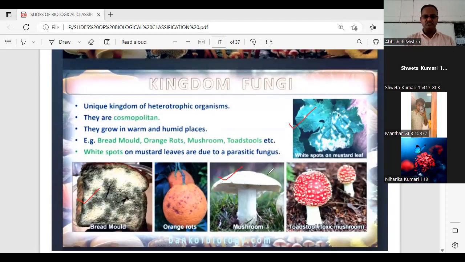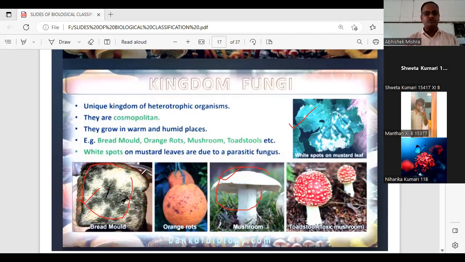These two images, one of the mushroom and the other of the bread mold, give us a more and more clear picture of the main feature of the kingdom Fungi. It will help you to recall the kingdom Fungi. The two examples are very much applicable.